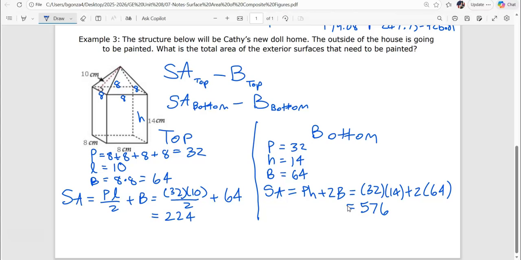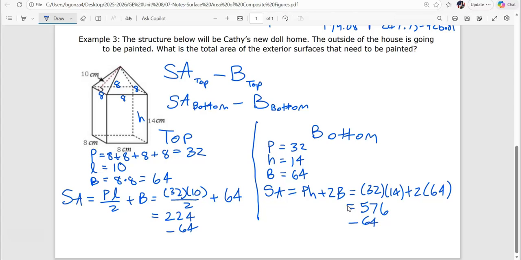We found 2 total surface areas. We are not just adding 2 total surface areas. Like we mentioned up here, there's a square missing from the top and a square missing from the bottom. And both of those B's are going to be 64. So minus 64, minus 64.